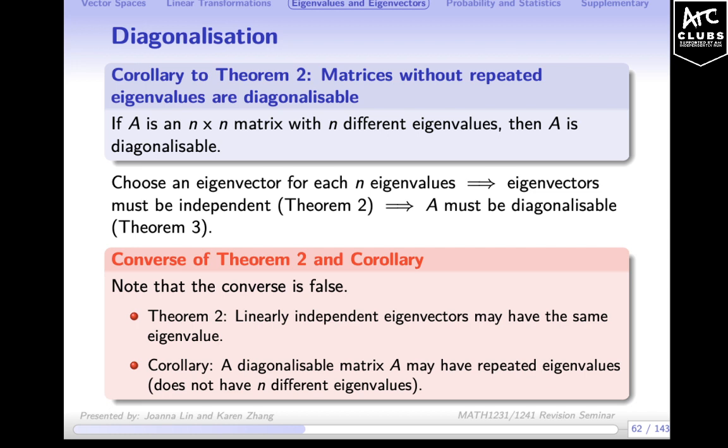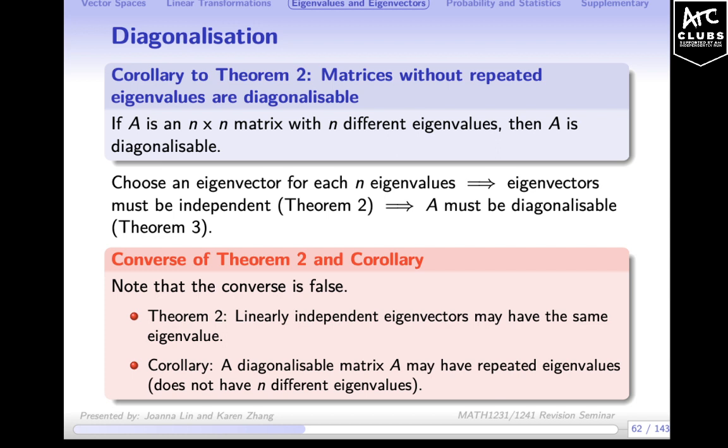The converse of theorem 2 is that if eigenvectors are linearly independent, then all eigenvalues are different. Now this is actually false. I'm pretty sure you've seen examples in a lecture or problem set where eigenvectors that belong to the same eigenvalue can actually be linearly independent, right?